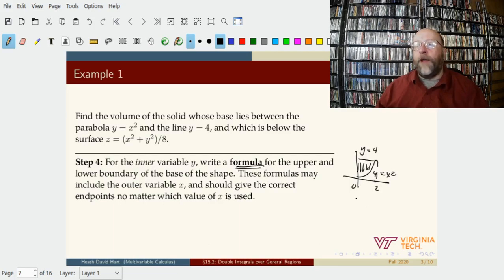Imagine that we were an arrow traveling between the x boundaries of 0 and 2, and we're traveling in the y direction. And I figure out, where do I enter the shape? I enter the shape somewhere along this curve. And this curve is y equals x squared.